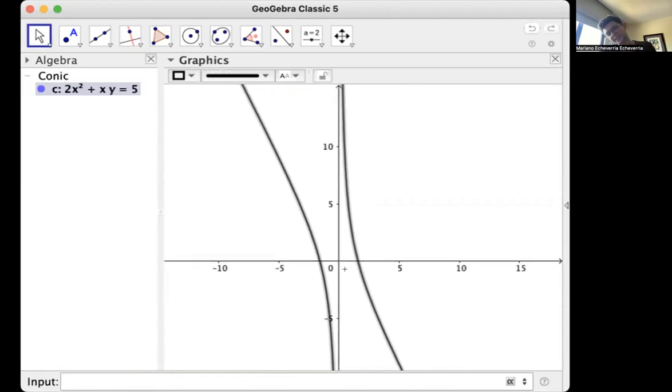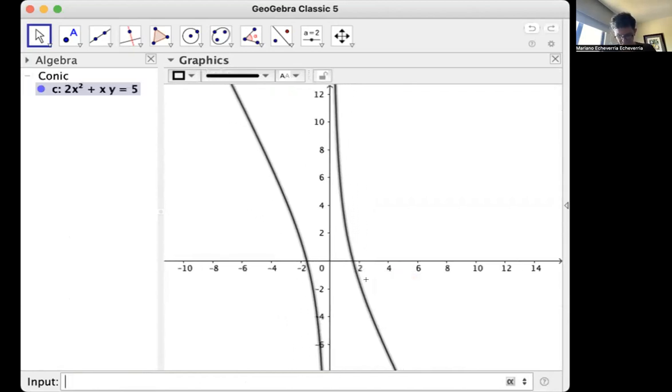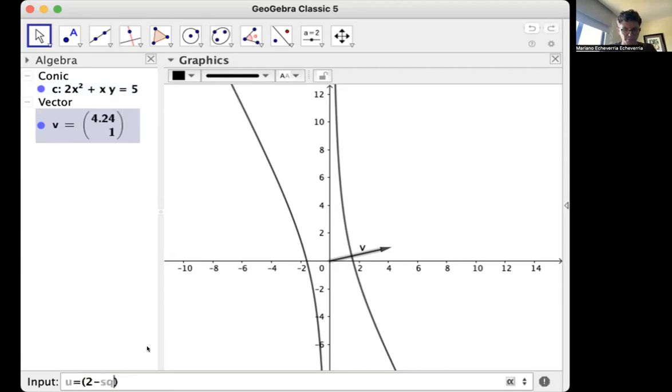So you see there is a hyperbola and there's this tilt, and for the tilt, you could enter these vectors. One vector was 2 plus square root of 5 comma 1, and the other vector was 2 minus square root of 5 comma 1.